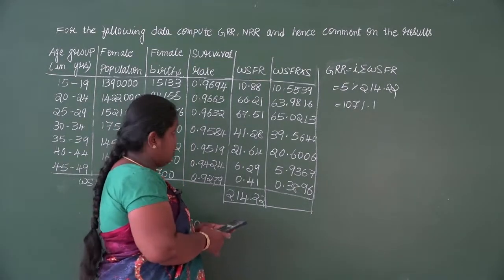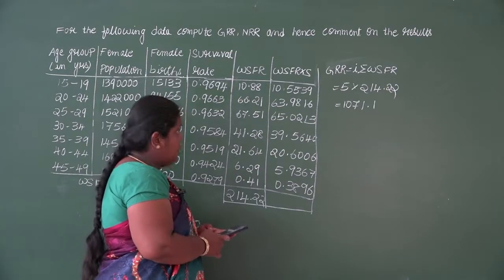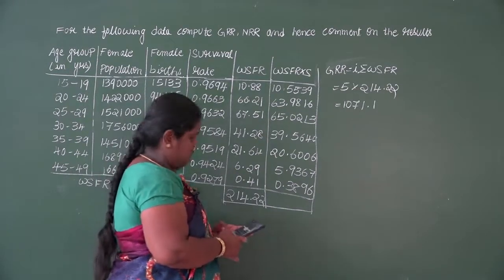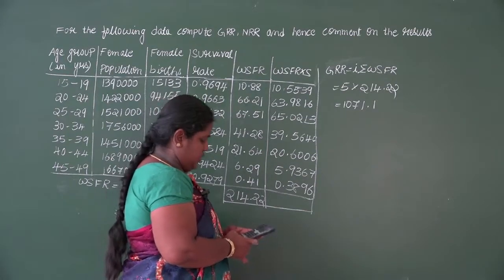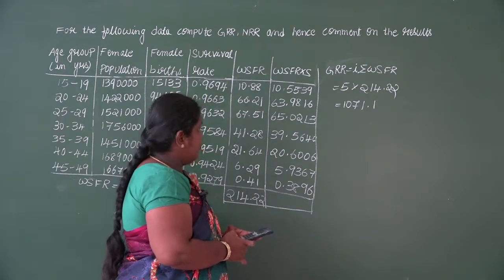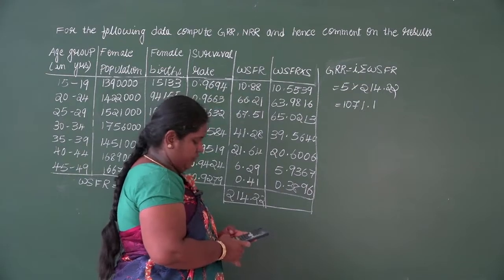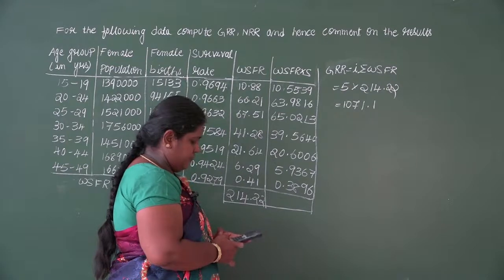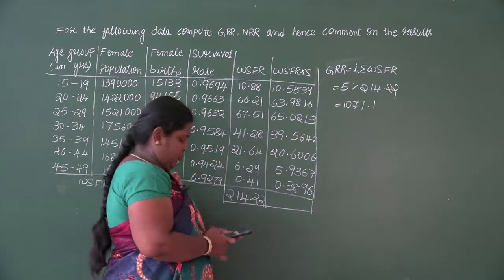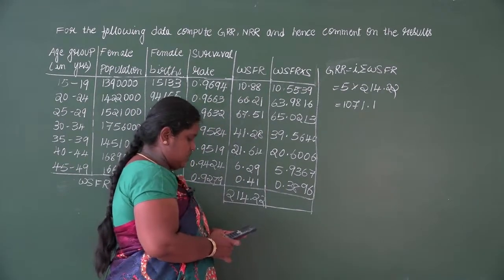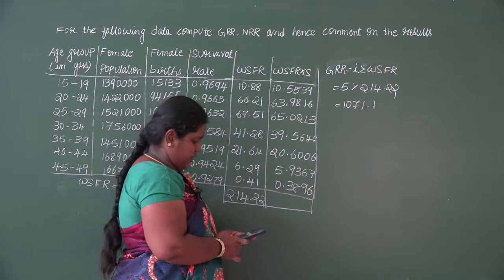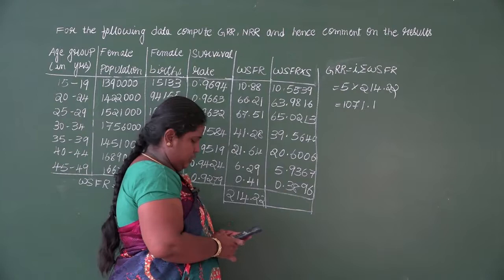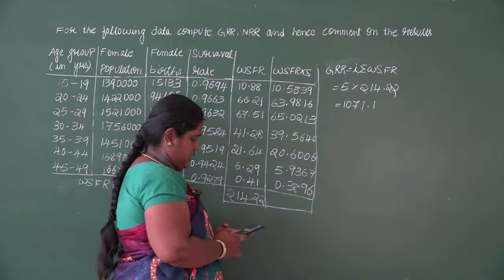It is 10.5539 plus 63.9816 plus 65.0213 plus 39.5640 plus 20.6006 plus 5.9367 plus 0.3896.